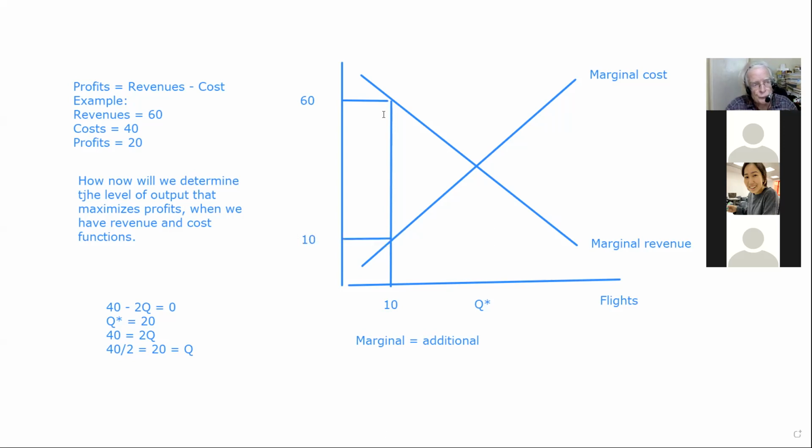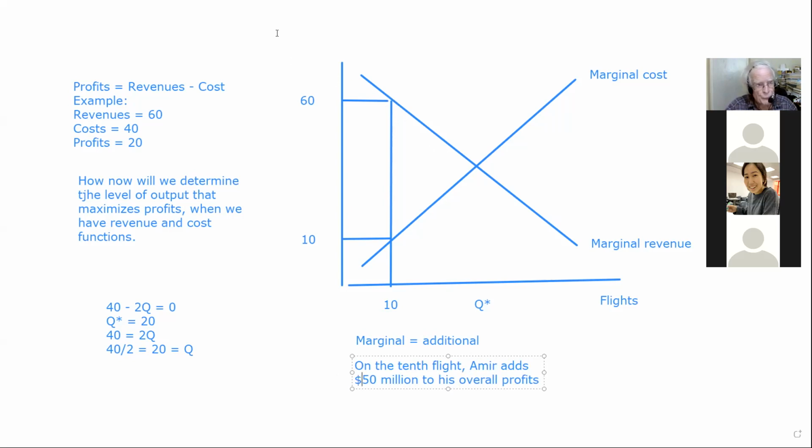Then for flight number 10, Amir is adding $50 million to his overall profits. Okay, good.